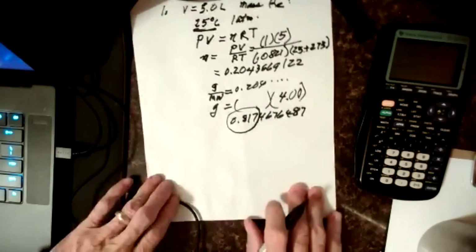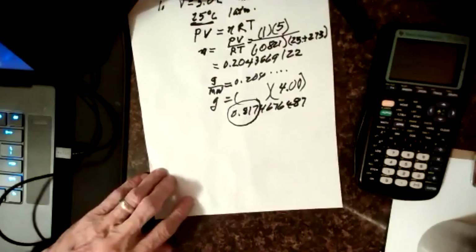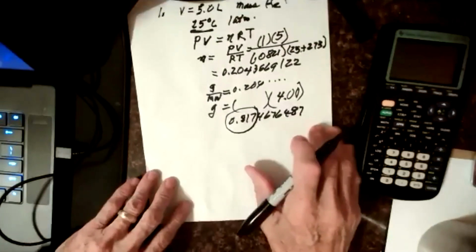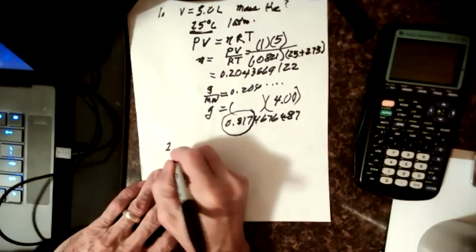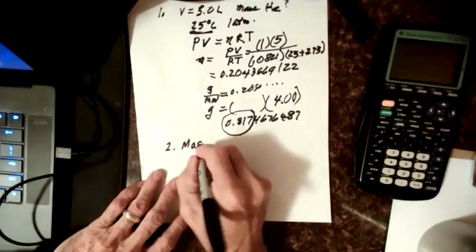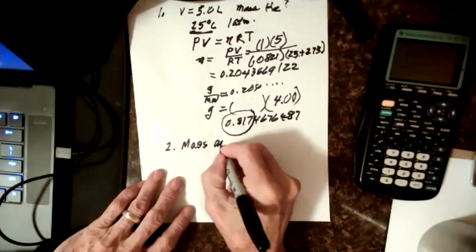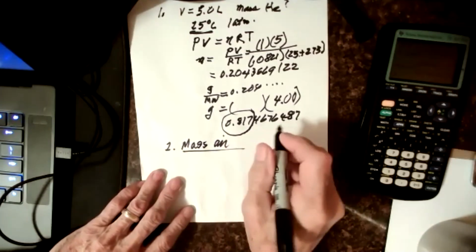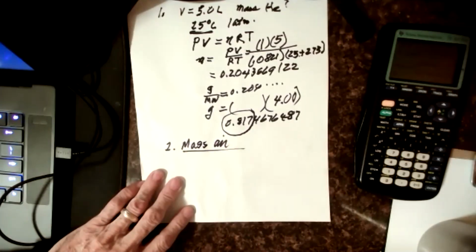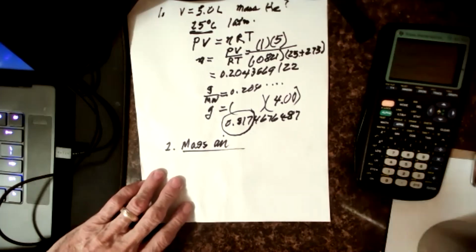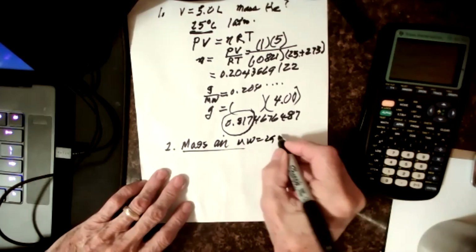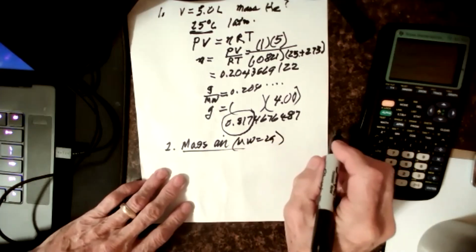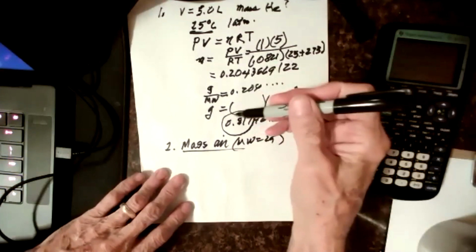The second part was, what is the mass of air that it would take to fill the same balloon to the same volume? Well, it told you the molecular weight is equal to 29.